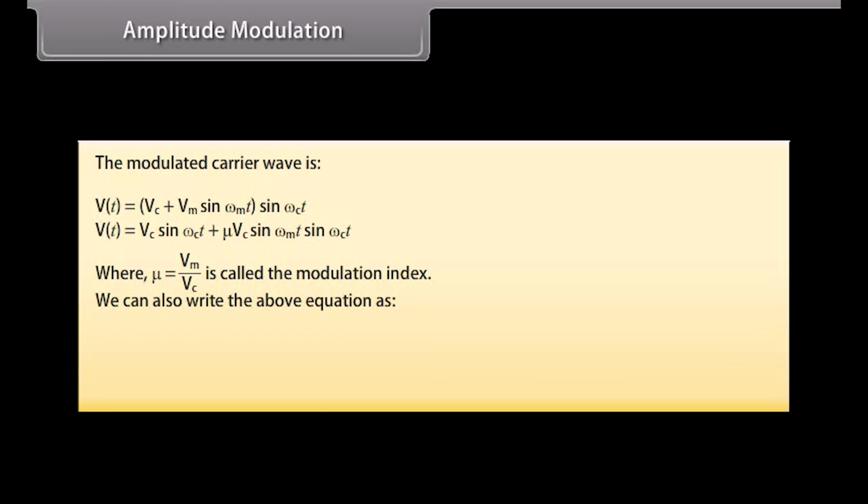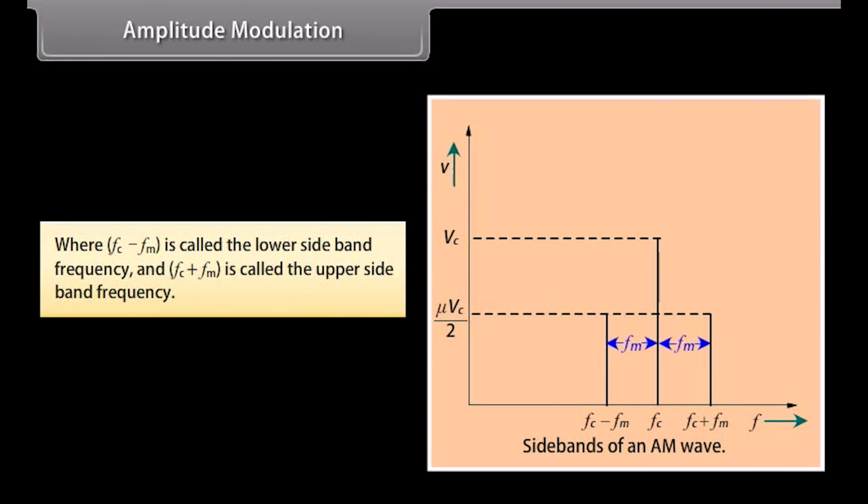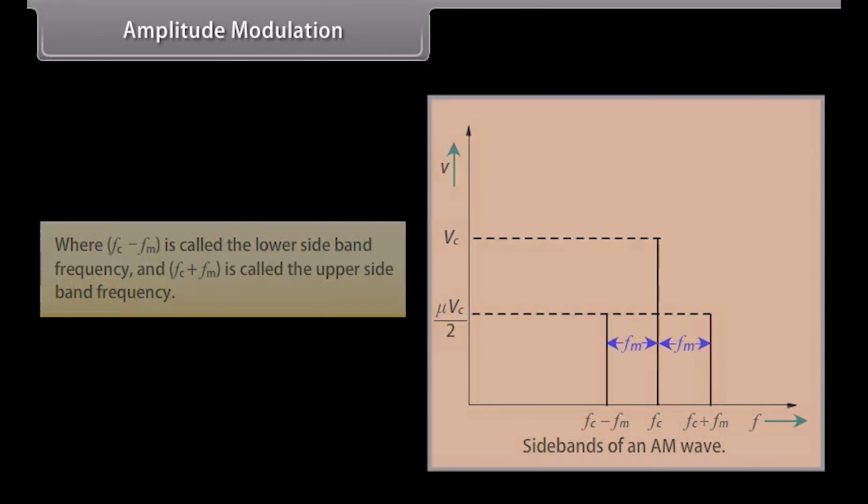We can also write the above equation as follows. Here Fc minus Fm is called the lower sideband frequency and Fc plus Fm is called the upper sideband frequency.